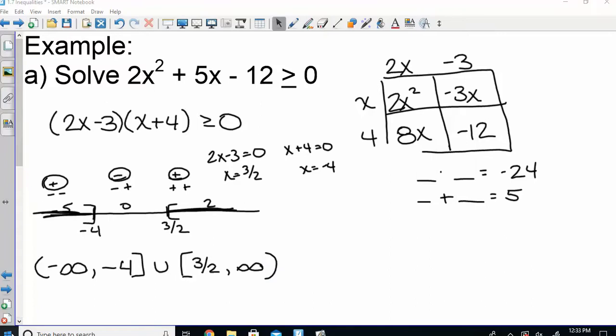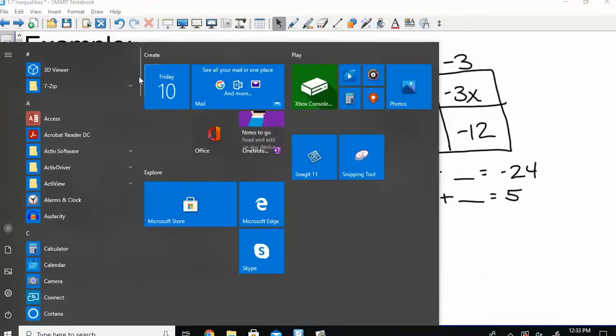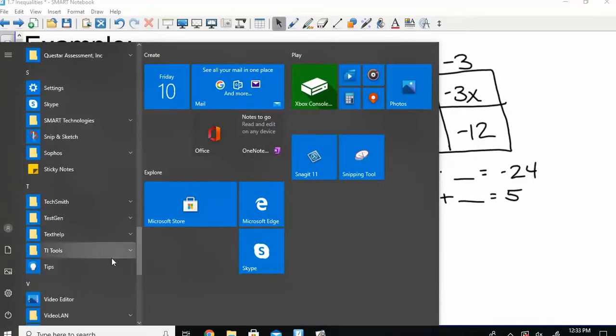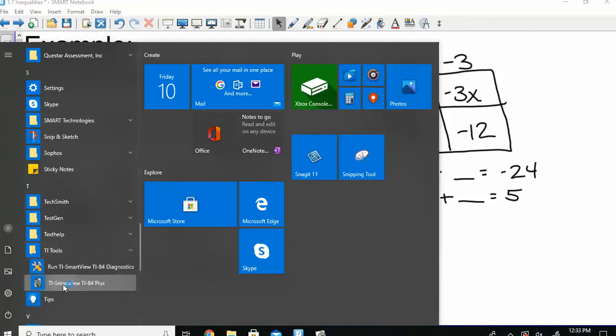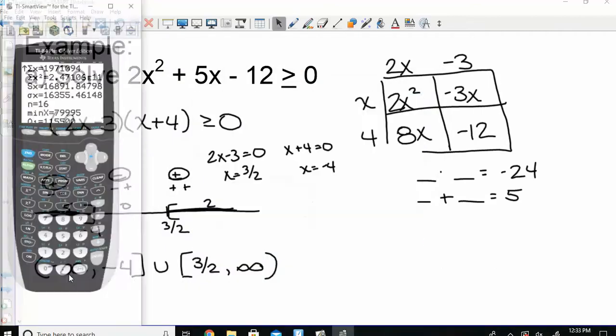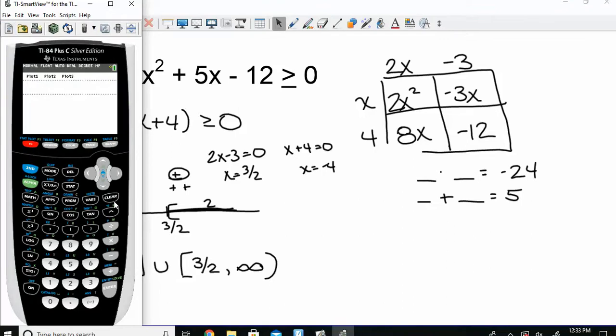Let's talk real quick if you were using the graph. So you can plot just this first thing once it's equal to 0. So that was 2x squared plus 5x minus 12.